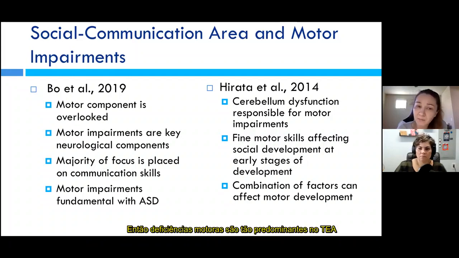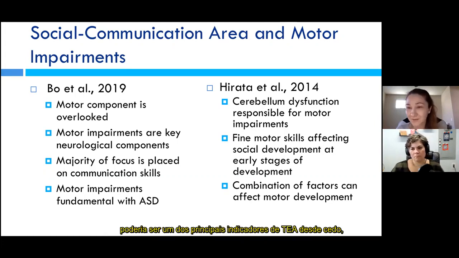Motor impairments are so prevalent in ASD that some researchers at this point think it could be one of the main indicators early on in ASD.